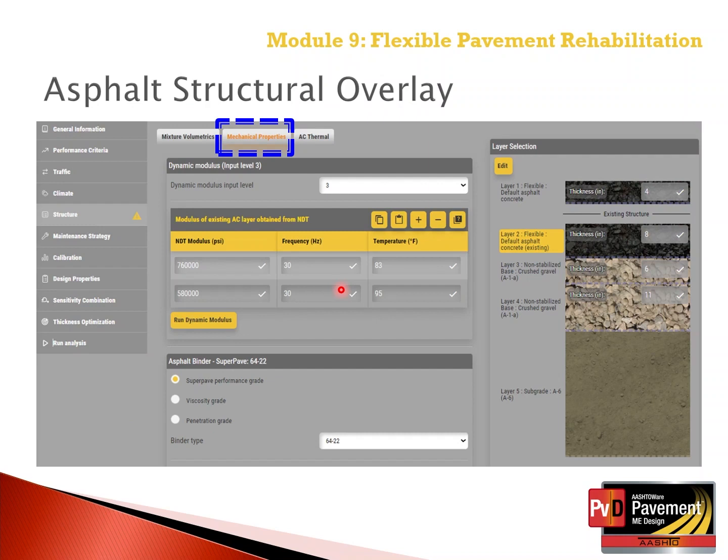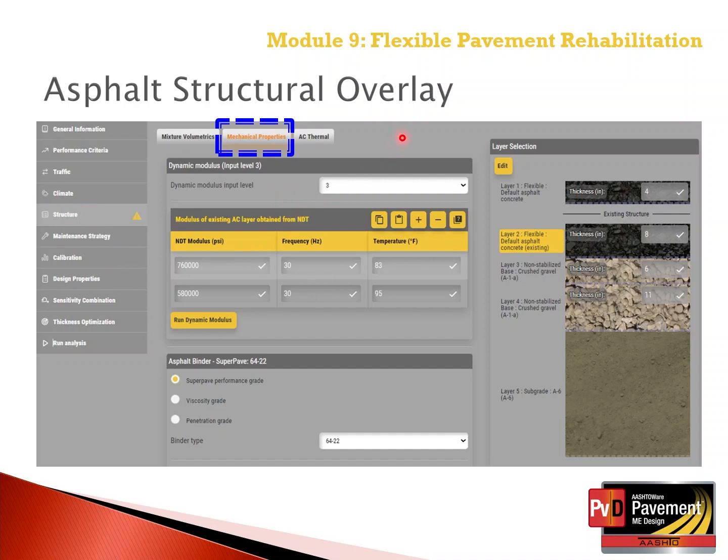Rehab input level 1, this shows now the structure and the mechanical properties for the existing asphalt layer. This would be the existing asphalt layer in the original construction, and this is located under the Structure folder, and the Mechanical Properties.